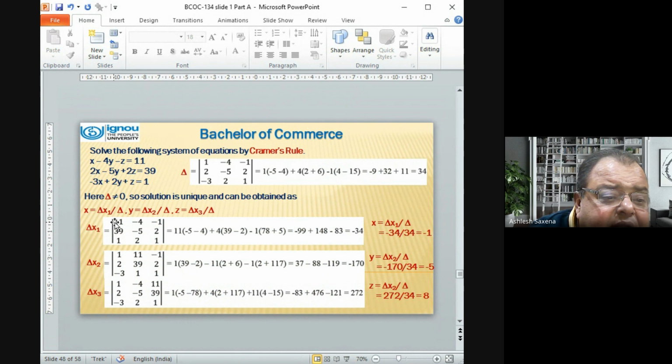Here it comes. Similarly, for x2, we will be replacing column 2 by 11, minus 39, and 1. And in the third case, we will be replacing the third column.